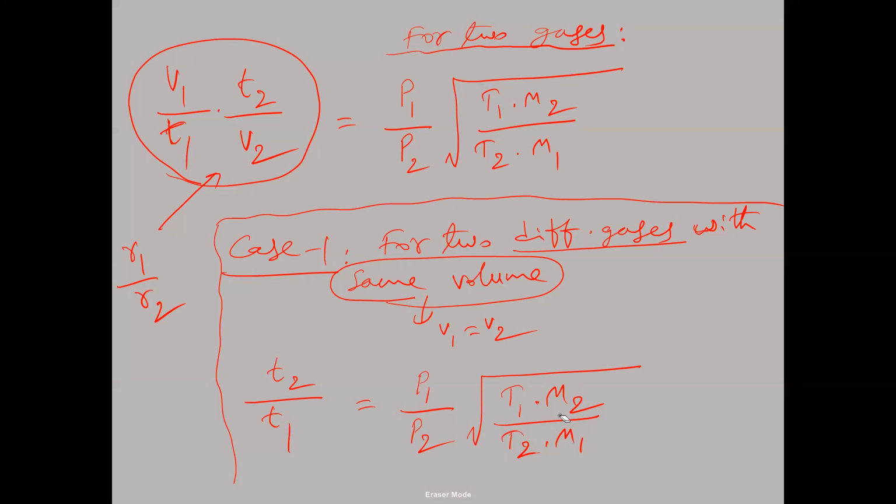Why did we not write volumes here? Because the volumes are the same for both gases. 5 ml of the first gas is diffusing and 5 ml of the second gas is also diffusing. So both gases diffuse the same volumes. Therefore, we write V1 is equal to V2 in this case, case 1. Take the screenshot.